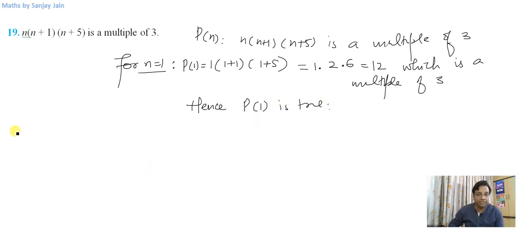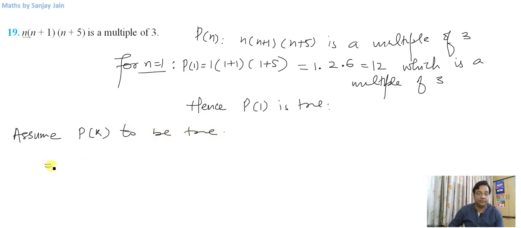Now let's do the assumption step or the inductive step. So assume it to be true for P of k, or for n equal to k. So assume P of k to be true.